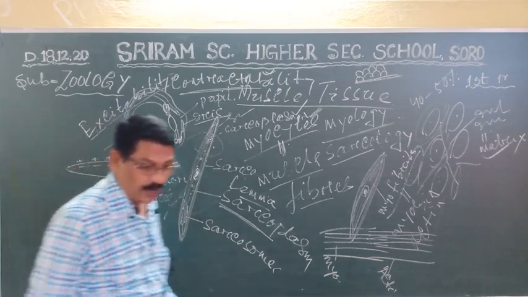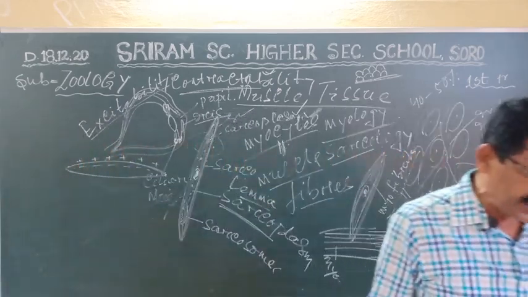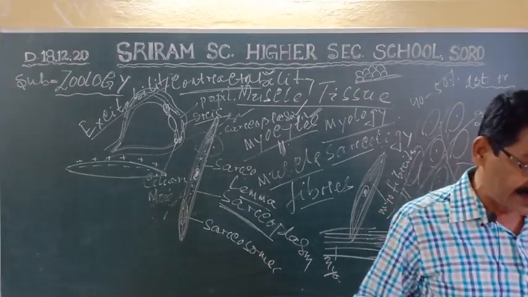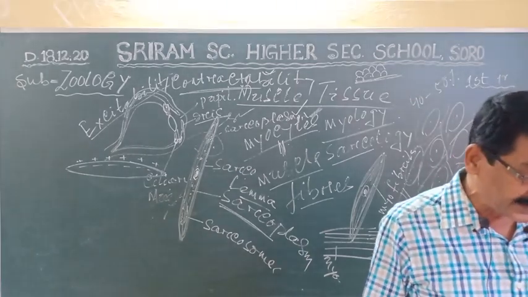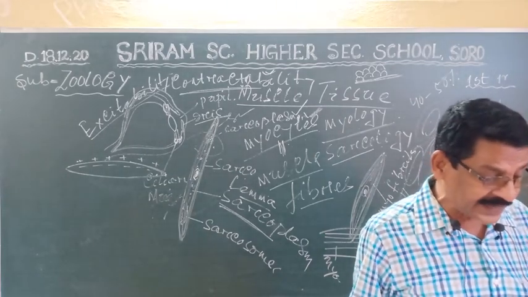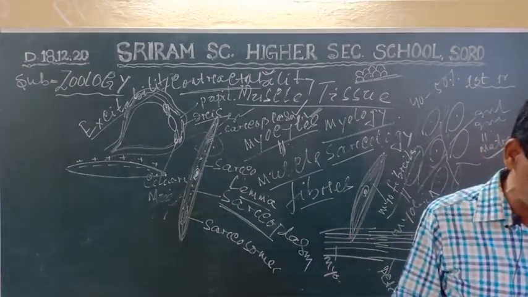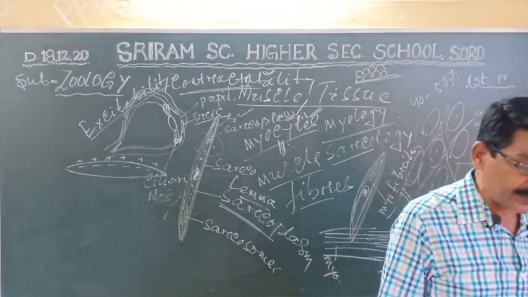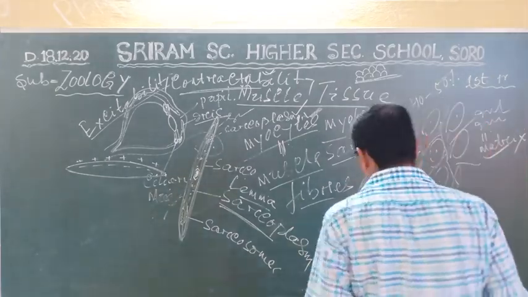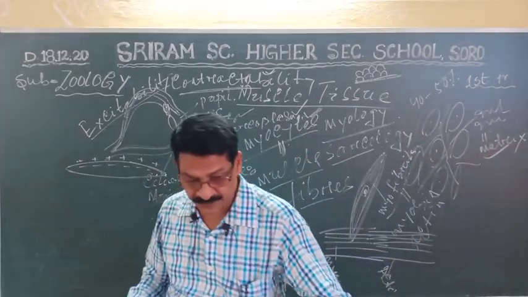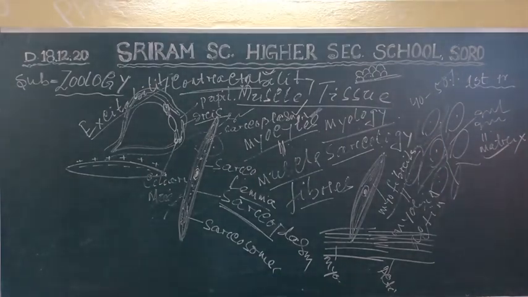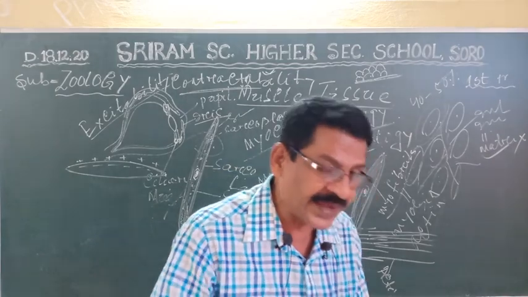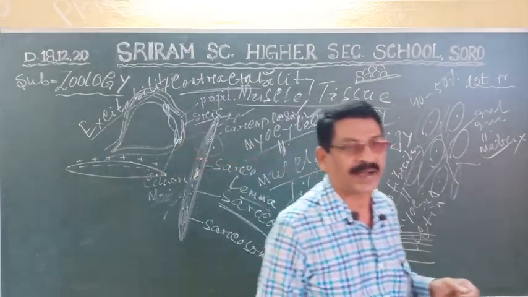So there the energy is stored. Moreover, the muscle cells contract in a definite direction. The excitability is due to the energy stored in the electrical potential difference across the plasma membrane. For that reason the muscles are receiving the stimuli and they are contracting.